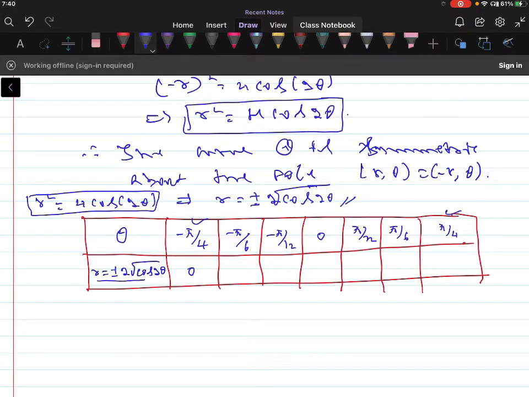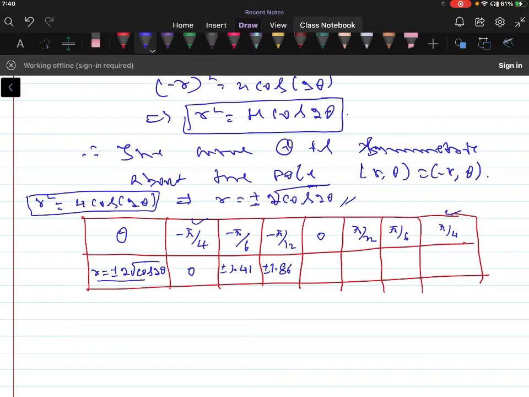When theta is equal to minus pi by 6, r equals plus or minus 2 times cos of 2 times minus pi by 6, so that is plus or minus 1.41. When theta is equal to minus pi by 12, r becomes plus or minus 1.86.